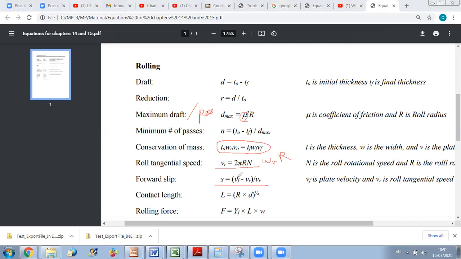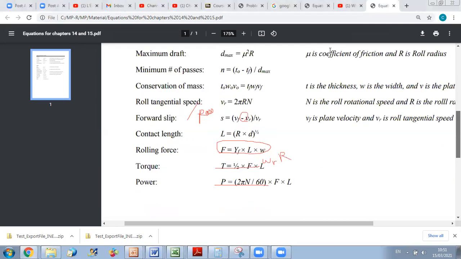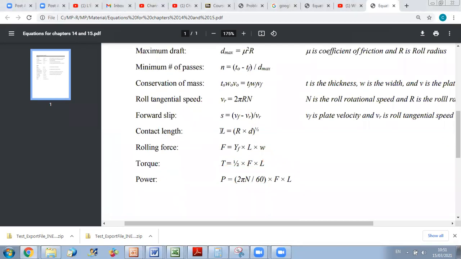It represents the difference Vf minus Vr over Vr. And in order to calculate the force, we need the contact length. The contact length between the work part and the rolls can be computed from the square root of R times t0 minus tf, where t0 minus tf can be replaced by d. Now pay attention here. This is the contact length for each pass, per pass.